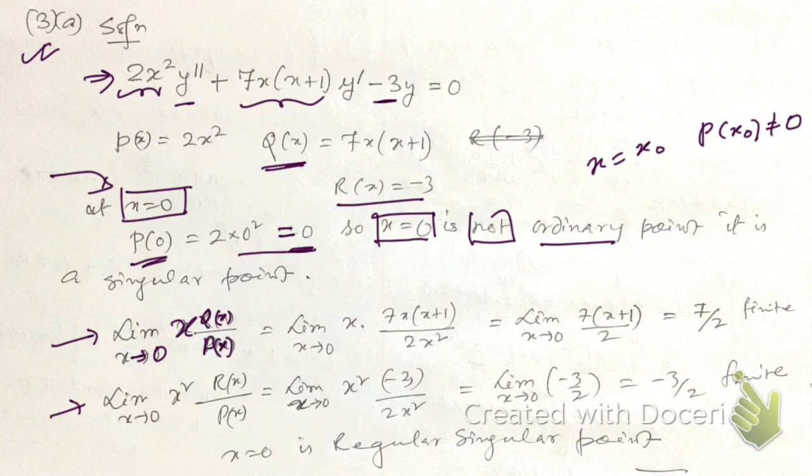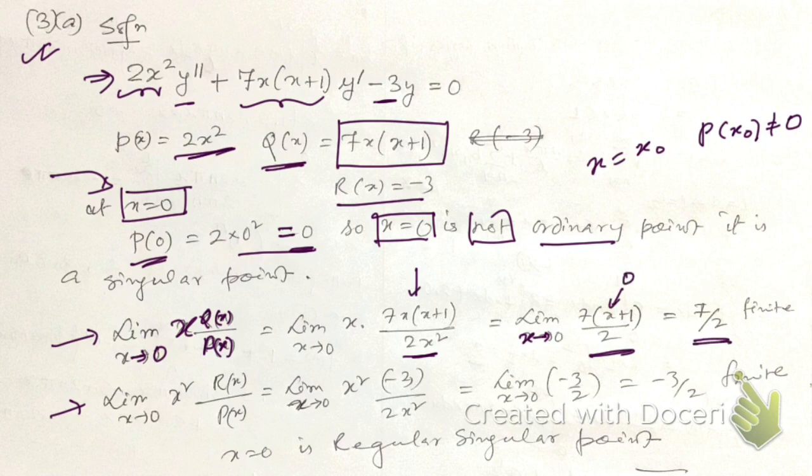Let's put q of x as 7x into x plus 1, and p of x is 2x square. Here x into x square can be cancelled by this x square. Then as x tends to 0, if you put 0 here, you get this answer, which is finite, so the limit exists.